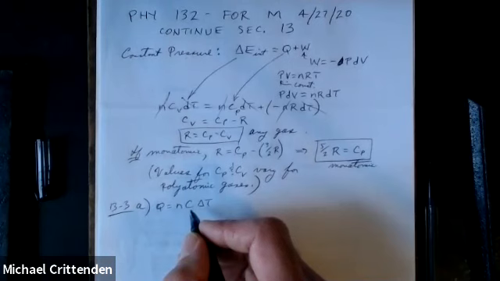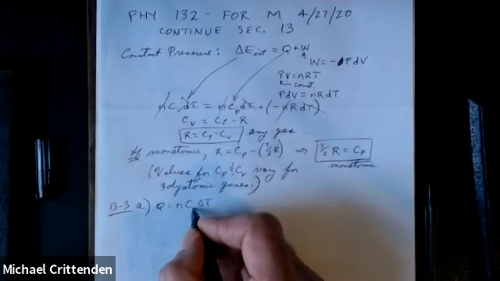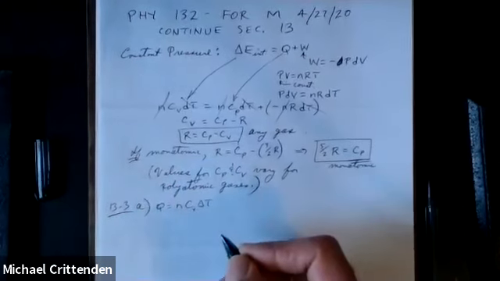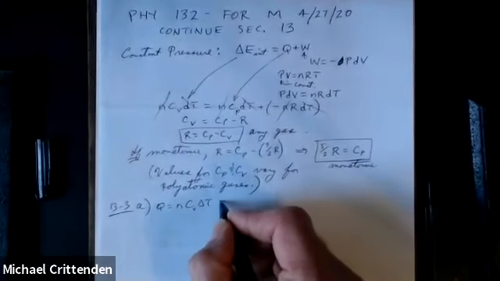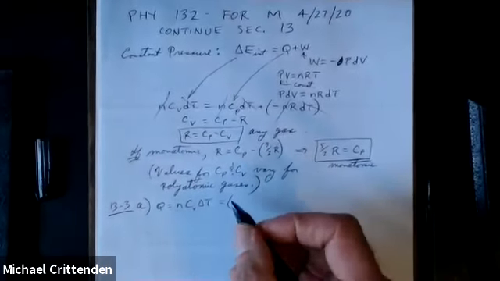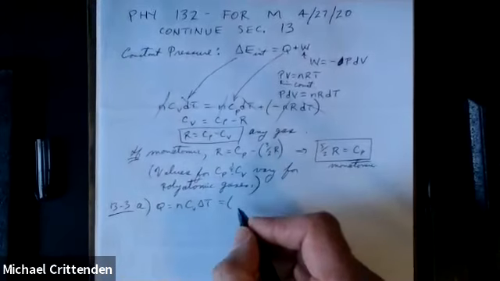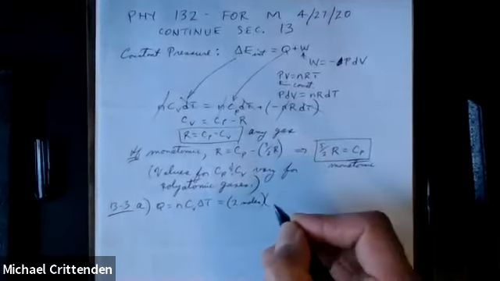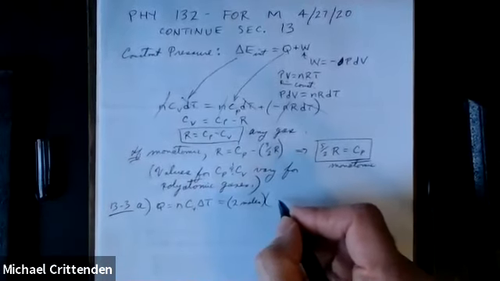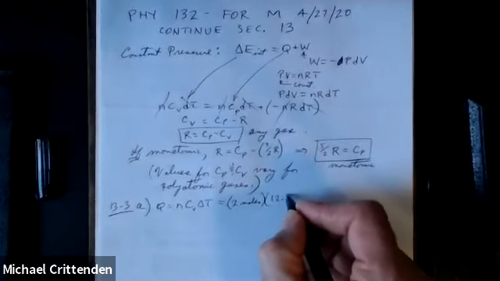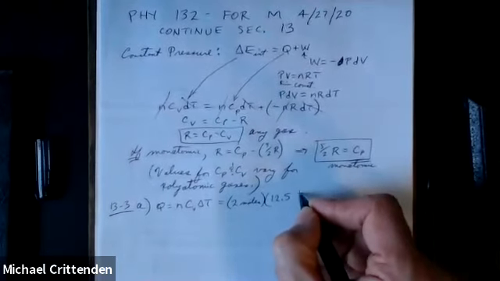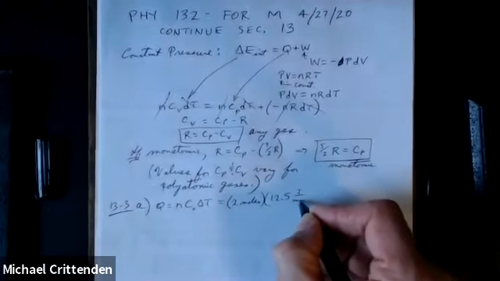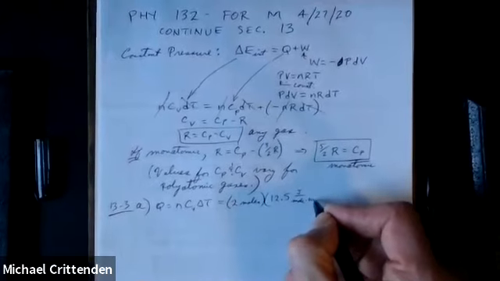And part A was the constant volume case. So you have to use CV. N is the number of moles, just like in the gas law, PV equals nRT. So 2 moles, times 12.5 joules per mole per degree Kelvin.